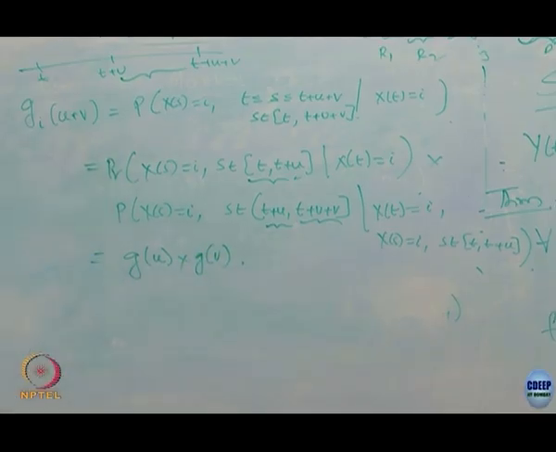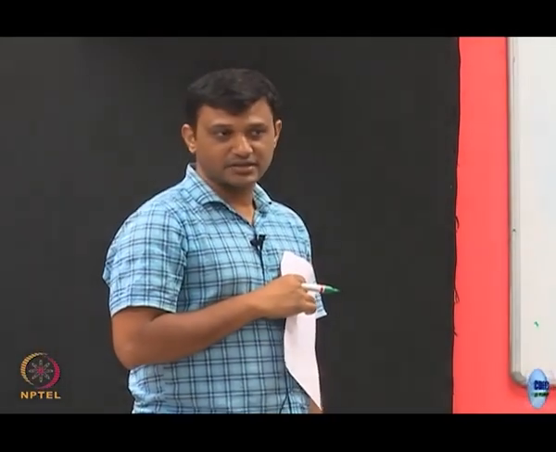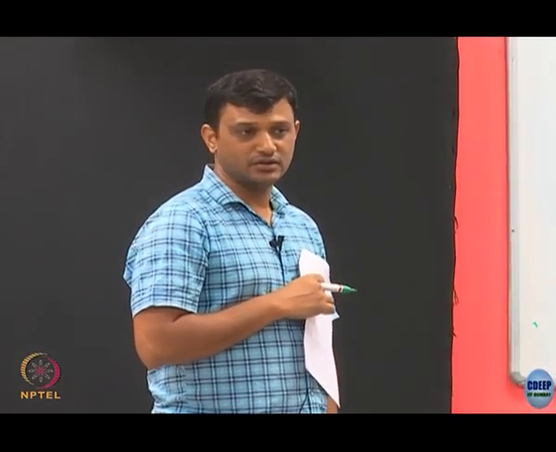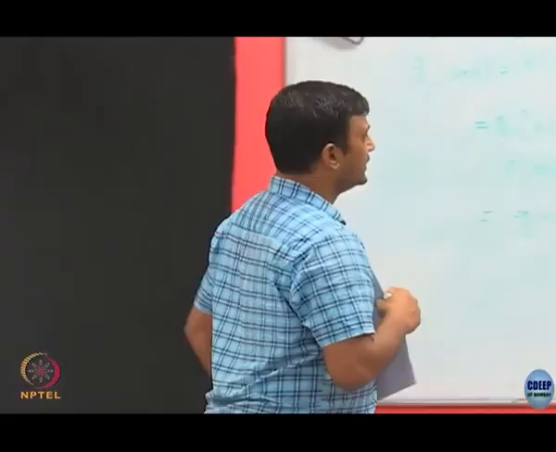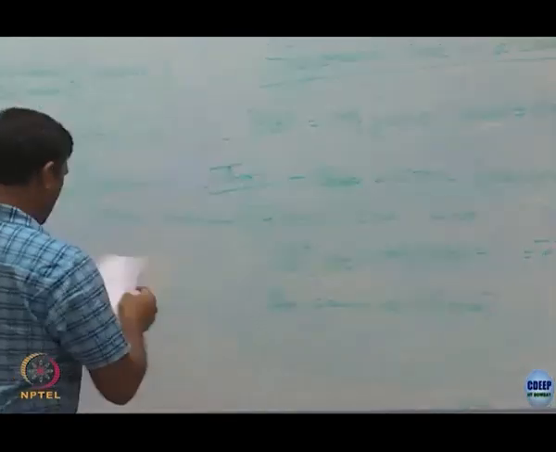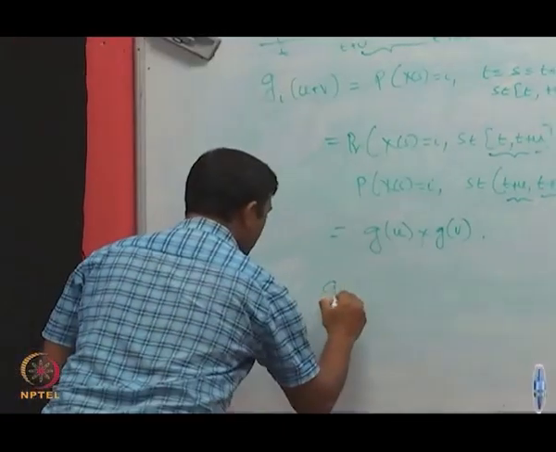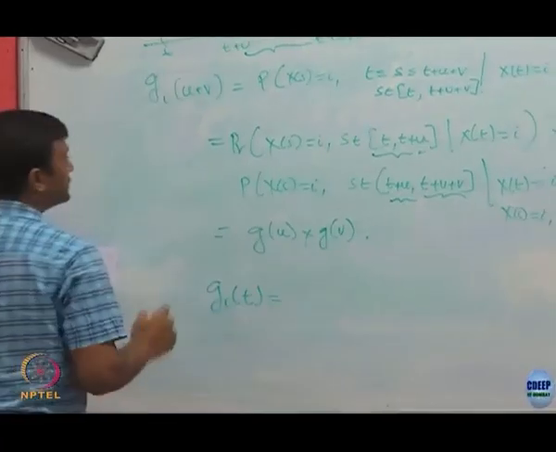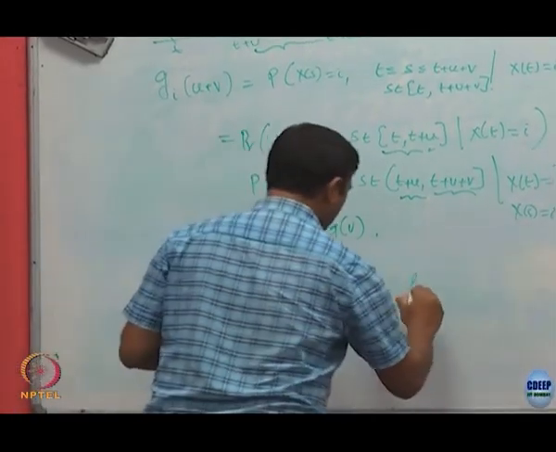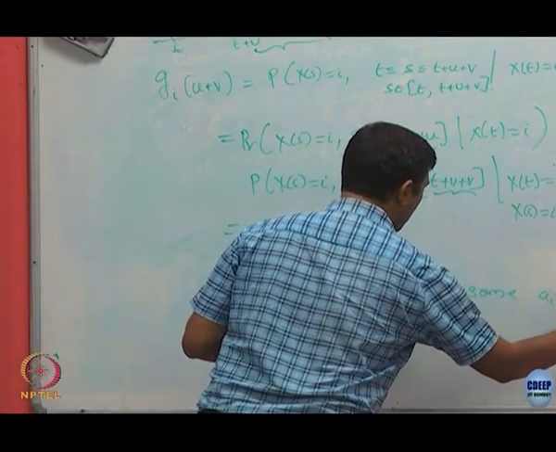So this probability I could split like this, and as one of you said, it is only a property of the exponential distribution that I could do this. So what we just showed is g of t is equal to e to the power phi t for some phi, I don't know what.